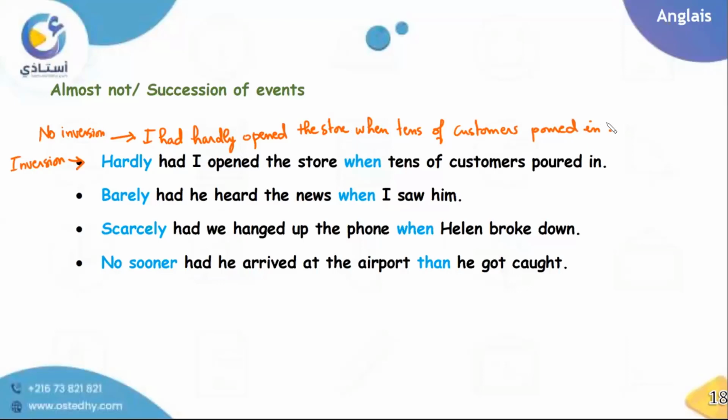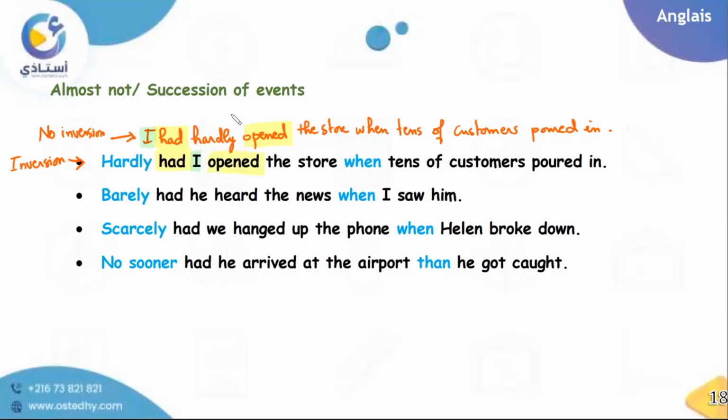Okay. See here, let's take a look. We have "had, opened," and we have "I," which is the subject. So "I" comes here after the auxiliary, and then we have the auxiliary first, then "I," then of course everything that comes afterwards. We start with "hardly," of course.